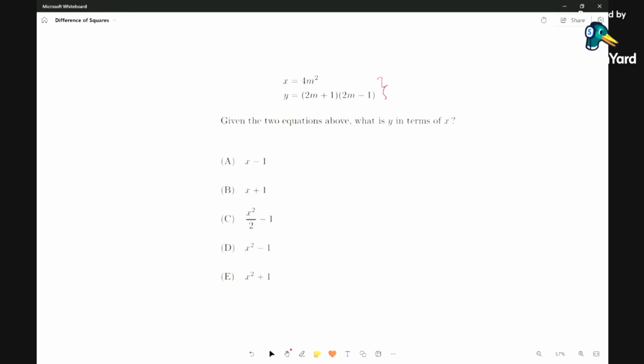When I say regular, non-factored. So what I can do is put this in the non-factored form. And you don't have to know the difference of squares to do that. So let's say we have 2m plus 1 here, and then we have 2m minus 1. What I would do here is just do my distributive property.